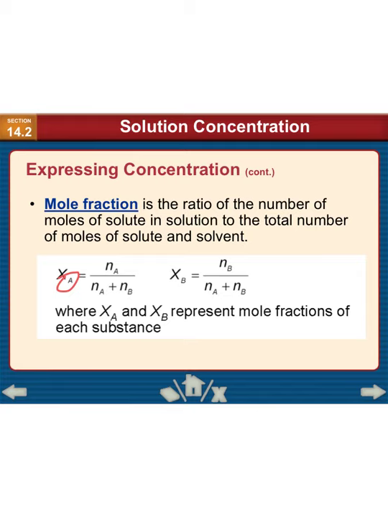Here's solute A, here's solute B, and mole fraction simply is the moles of A divided by the total moles, and this is the moles of B, again divided by the total moles. We won't be doing too much of it in our calculations, but it is a good concept to become familiar with. So mole fraction, it's exactly what you'd expect.